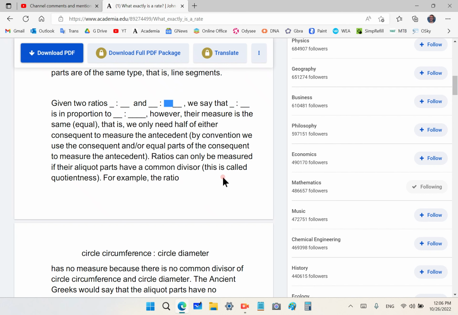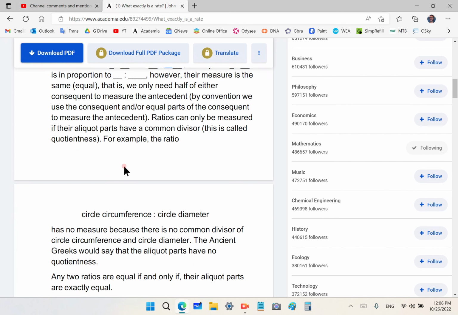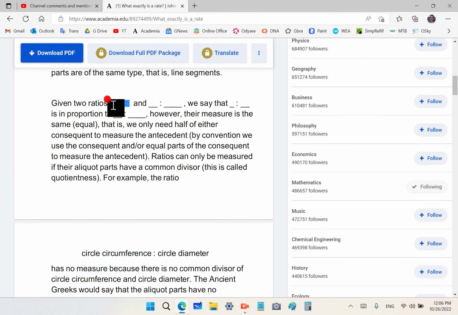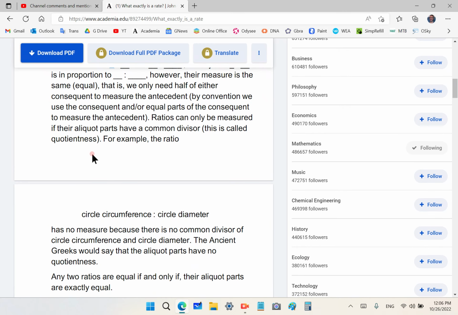So ratios can only be measured if their aliquot parts have a common divisor, and this is called quotientness, okay? So for any given ratio, just this ratio by itself, it only has a measure if there is a part that goes into both the consequent and the antecedent, okay?